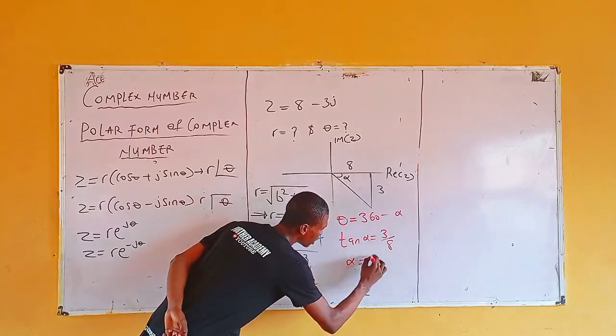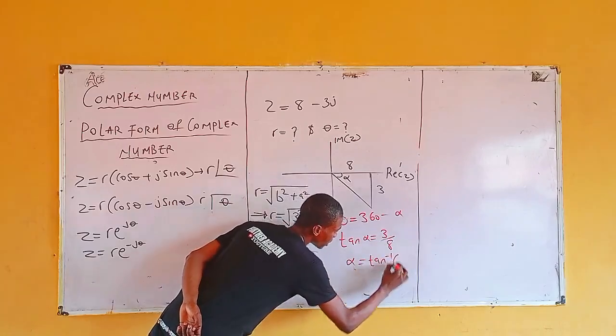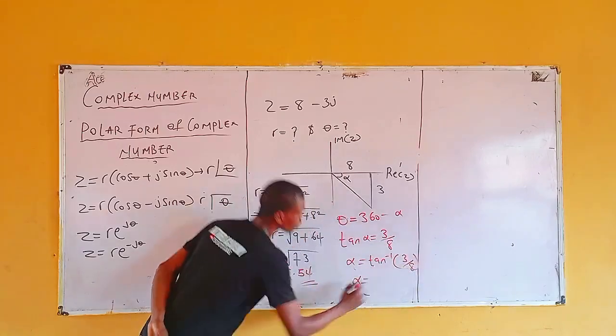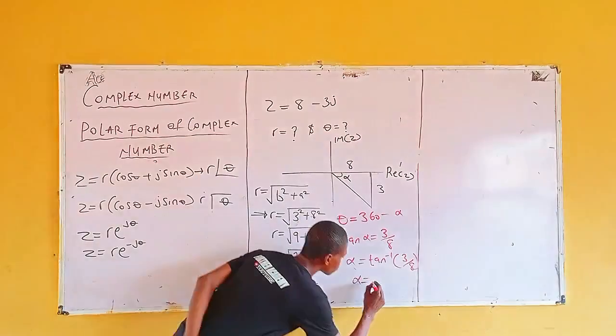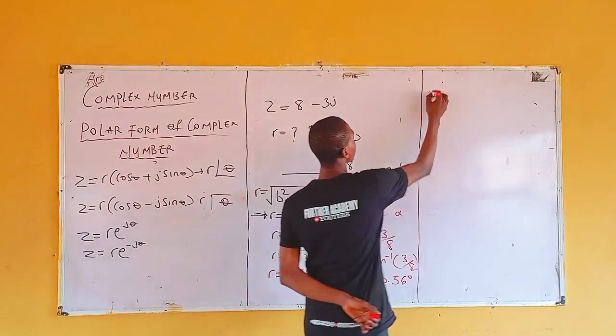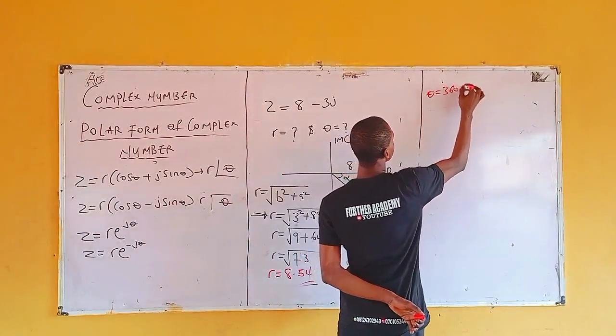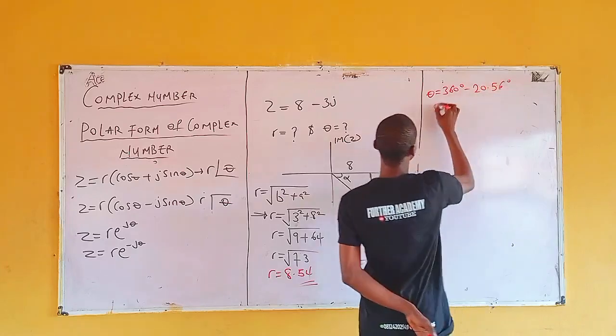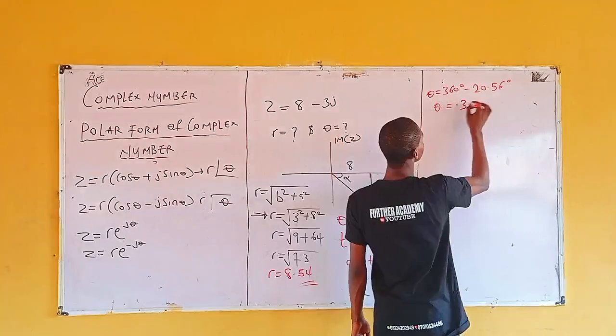That is, alpha is equal to tan inverse of 3 over 8. So alpha is equal to 20.56 degrees. Now theta is 360 degrees minus 20.56 degrees.